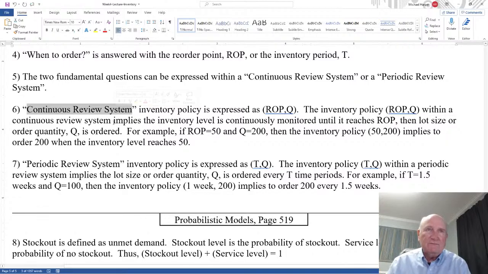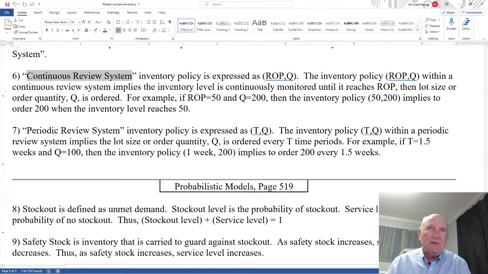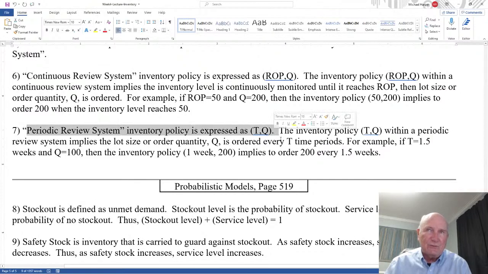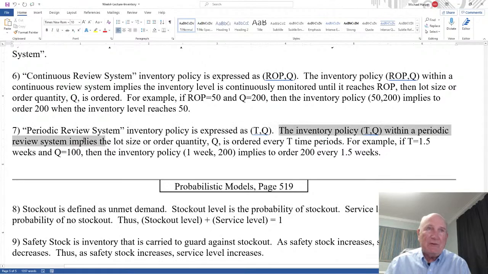The alternative, another way, is a periodic review system. Inventory policy is expressed as T, Q. The inventory policy T, Q within a periodic review system implies the lot size or order quantity Q, and that could be an EOQ, is ordered every T time periods.